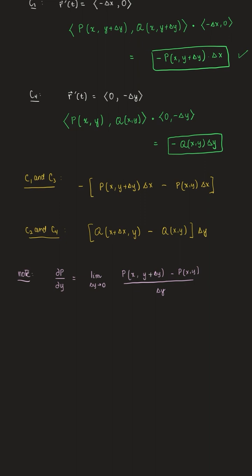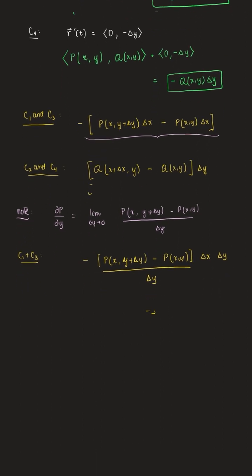And so notice what we have here. If I factor out that delta x, in our C1 plus C3, we can write this as negative p at x, y plus delta y, minus p at x, y. I can pull out a delta x, and I can multiply by delta y over delta y. That's just 1.